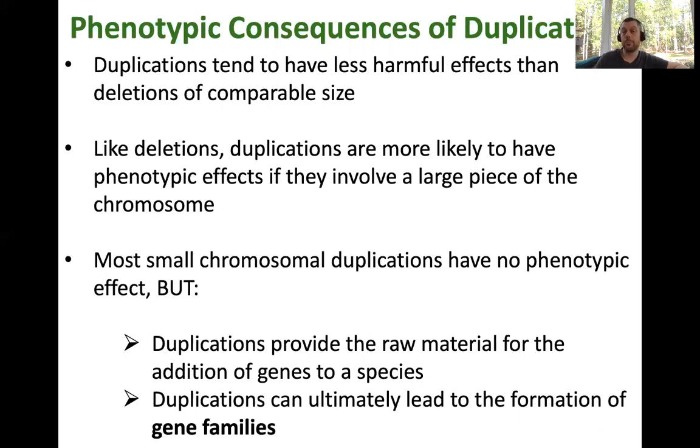and here is why. If all of a sudden you have an extra copy of a gene, then mutations can occur, over tens of thousands of years of evolution, that change the function of one of those duplicated genes, but not the other one. And that can lead to a new function for the duplicated gene. This is how you get what are called gene families, where you get genes that are very similar in sequence, but have different functions in the cell.